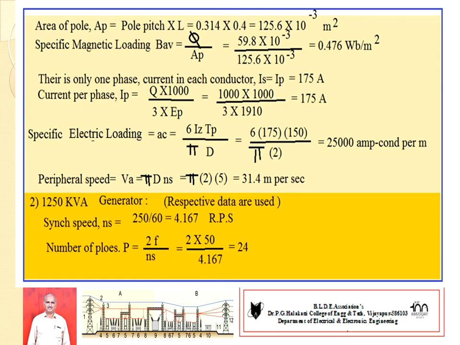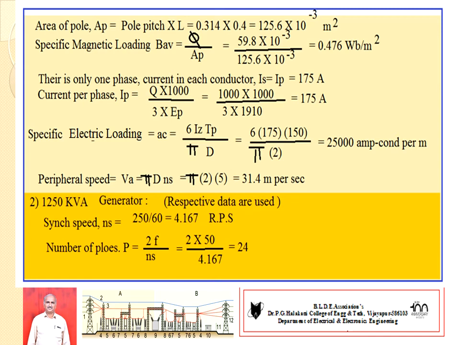So Z, total number of conductors, equals 6 times turns per phase. Understand? Z equals 6 times turns per phase. So, you substitute the values, and we are going to get 25,000 ampere conductors per meter.